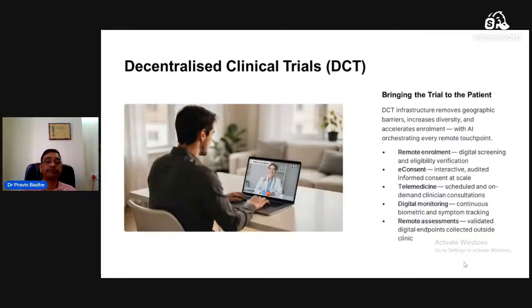So in the decentralized clinical trial, in our case a decentralized observational clinical trial, we are doing it by remote involvement of the patient, where digital screening and eligibility is verified. Then we make sure that e-consents are taken with the help of interactive, or in the form of, audited informed consent.